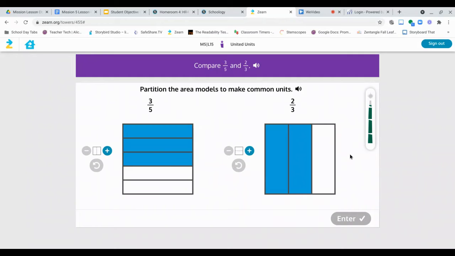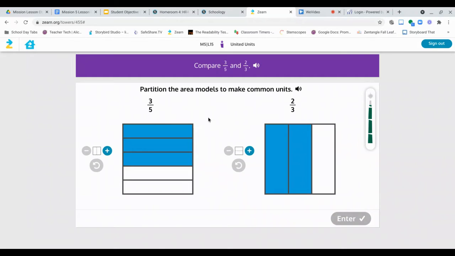Now, how do you do that? This is the shortcut way to get a common denominator every time, especially when we're drawing it out using the area model. What I need to look at is the opposite denominator. So if I have 3/5, I'm going to look at the opposite denominator of what I'm comparing it to.